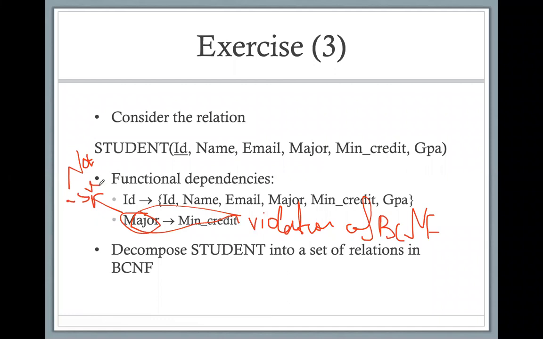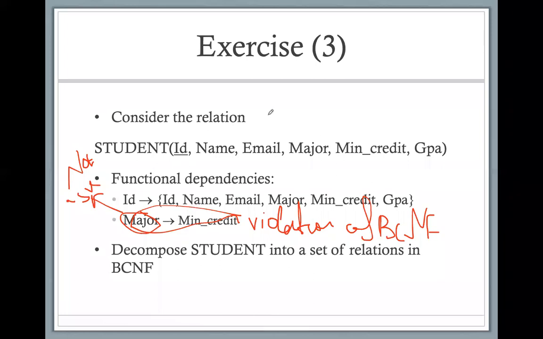So how do I decompose it into a set of relations in BCNF? I take major, compute its closure, and create a new table which has major and all the attributes that depend on it, so all the attributes in the closure of major. And then the other table would be all the other attributes plus the attribute major.